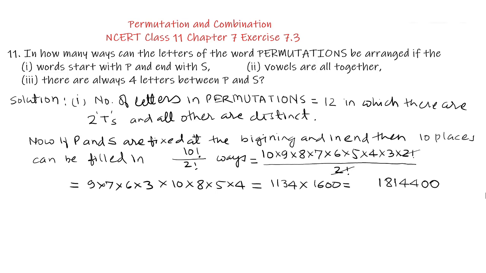This is equal to 1814400. So the number of words that can be made keeping P at the beginning and S at the end from the letters of the word PERMUTATIONS is 1814400.